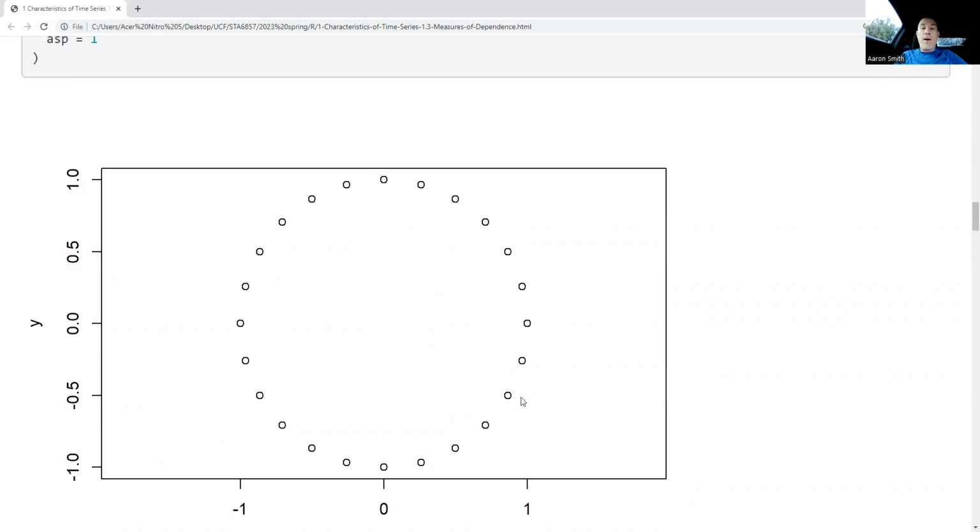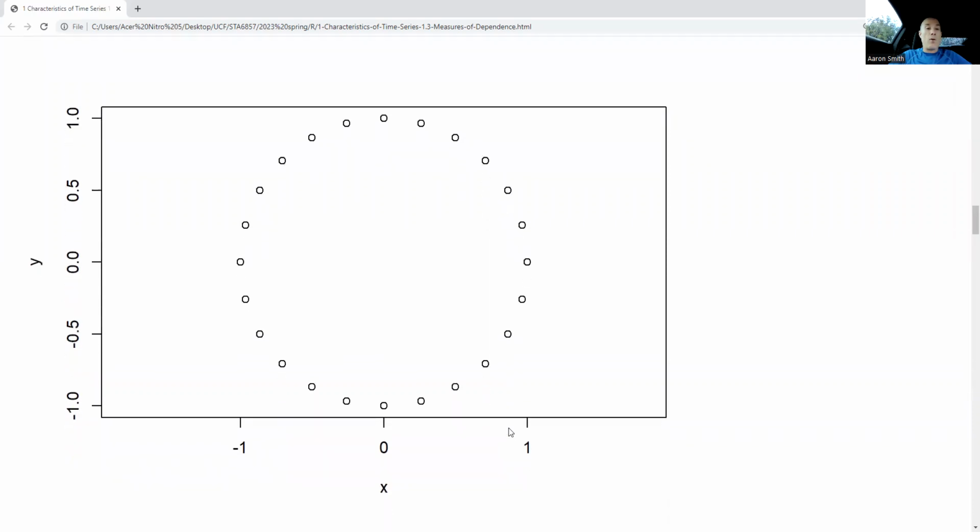If I knew what the X value was, and I know it's on a perfect circle, I know that the Y value is one of two possibilities. This means that we do not have independence, even though we have perfect 0 covariance and correlation between them. So 0 covariance, 0 correlation means we do not have a linear relationship, but we could have a more exotic relationship going on. That could be harder to spot.